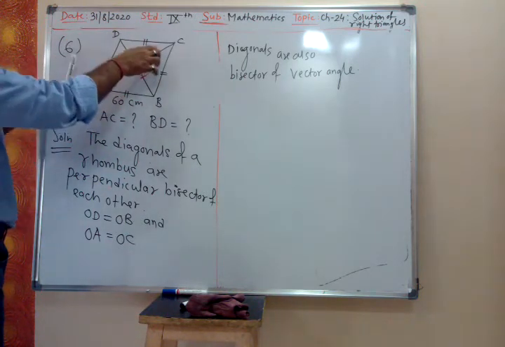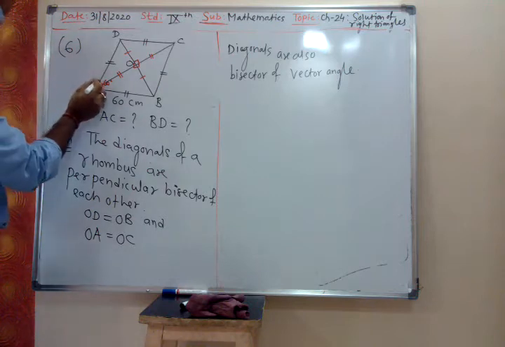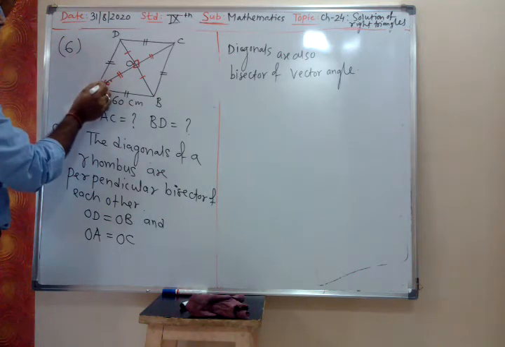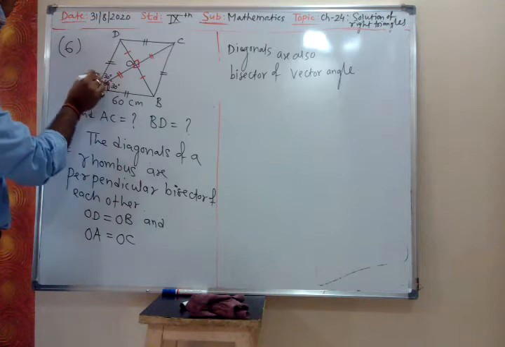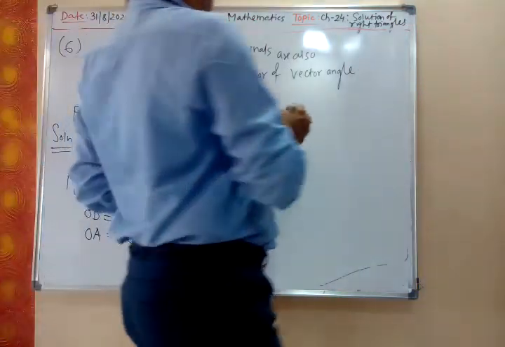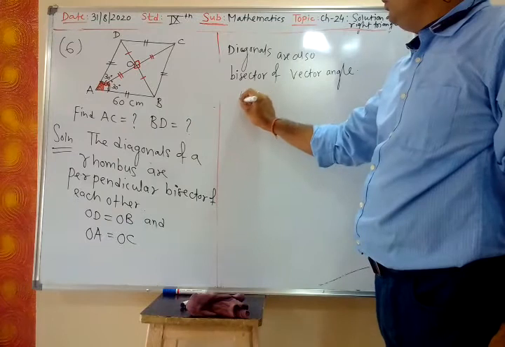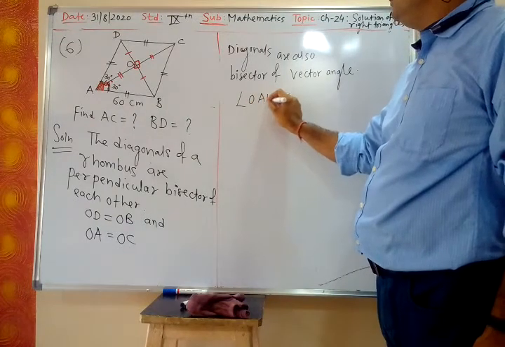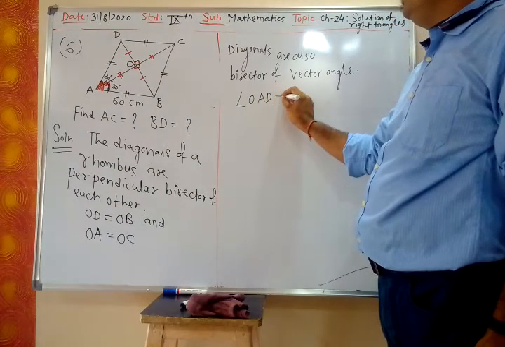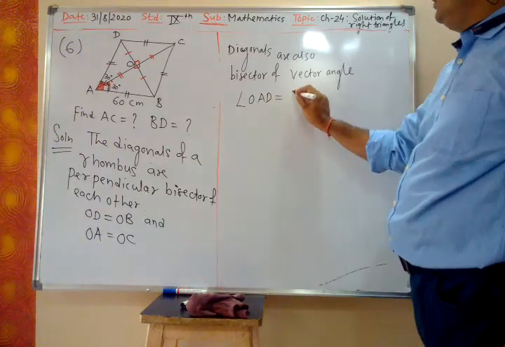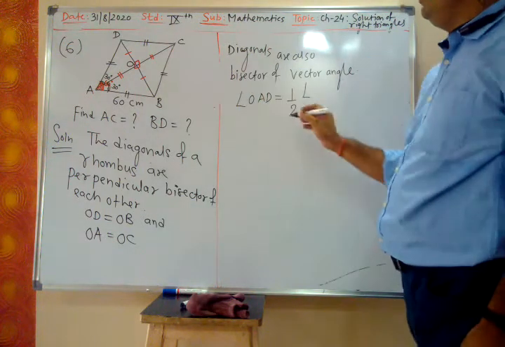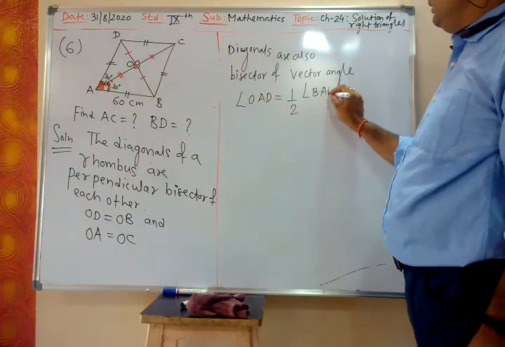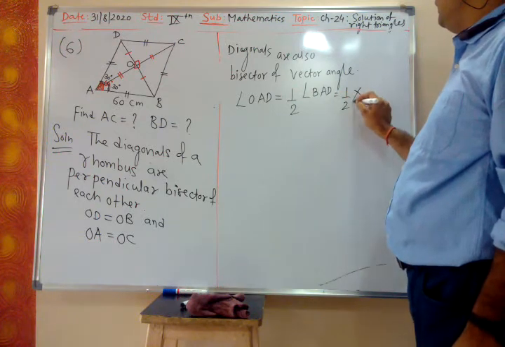So the diagonals are bisectors of the vertex angle, which means this angle and this angle are equal. The complete angle is 60, so this will be 30 degrees and this will be 30 degrees. That means angle OAD is equal to half of the bigger angle BAD, half of 60 degrees.